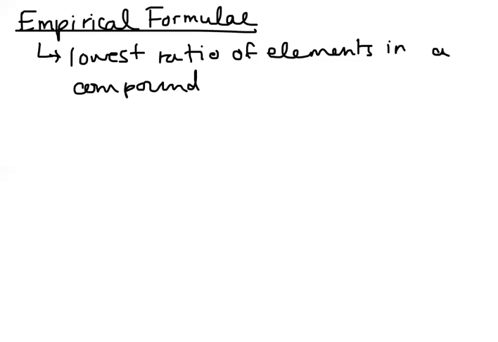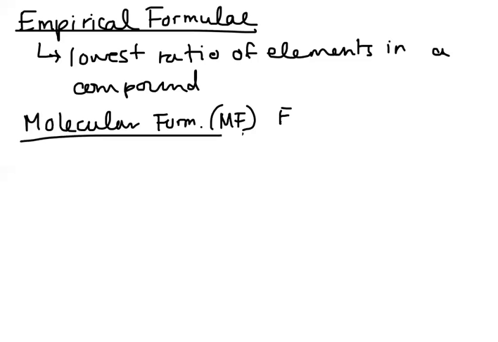For molecular compounds, we will often have carbons, hydrogens, oxygens that are in higher ratios, or that are not fully reduced ratios. I call molecular formula MF and empirical formula EF.